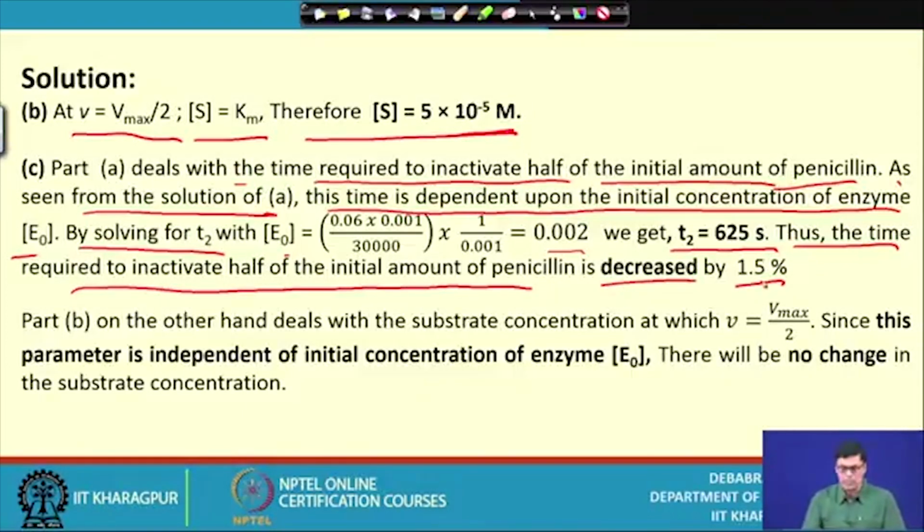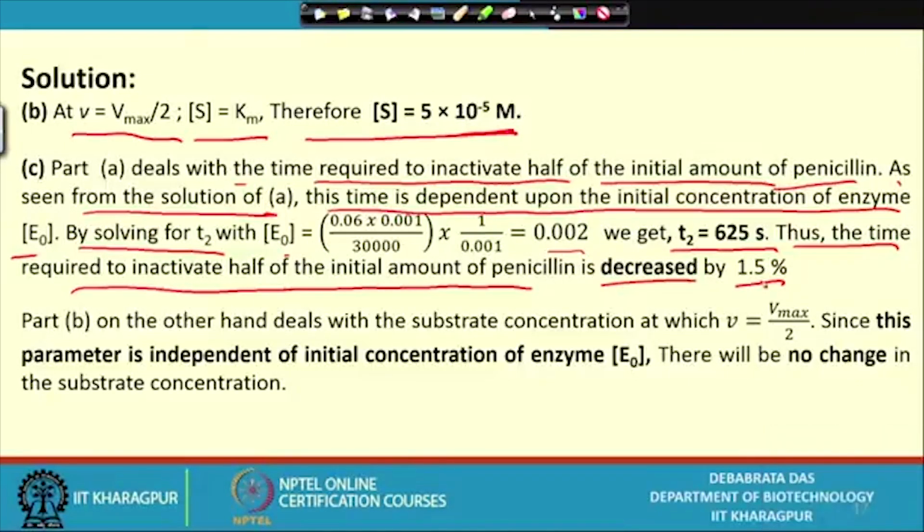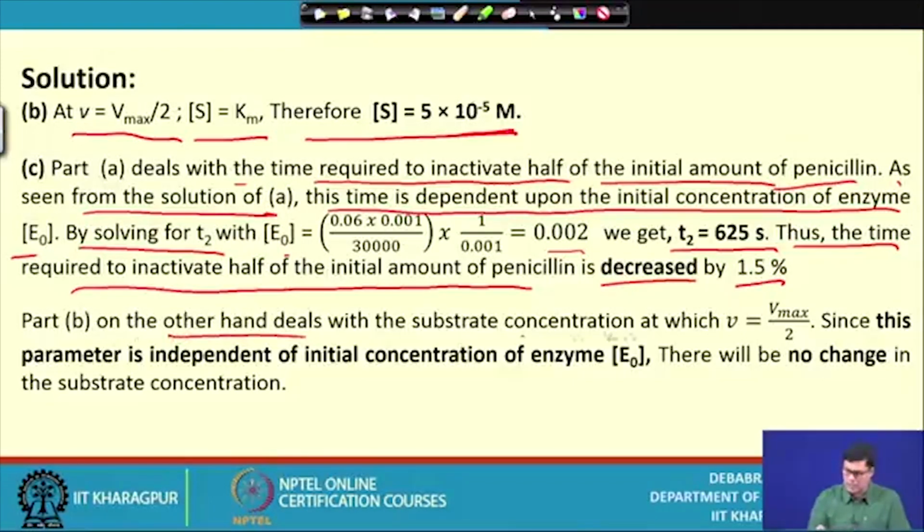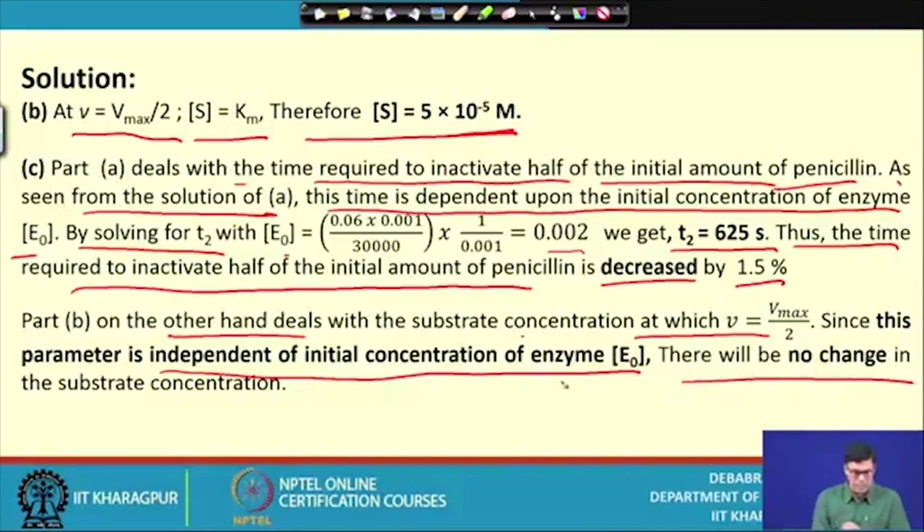So that question was: if you increase the enzyme concentration, how does it affect this system? And then, since this parameter is independent of the initial substrate concentration, there is no change in the substrate concentration.